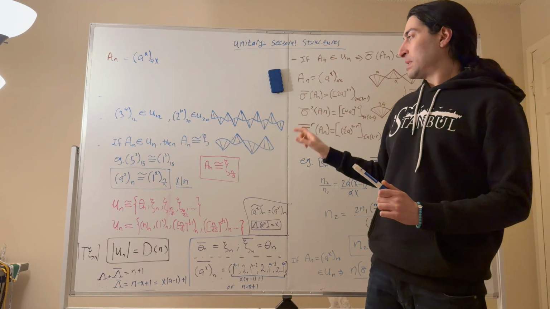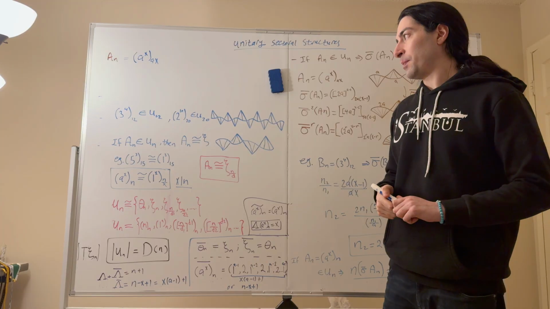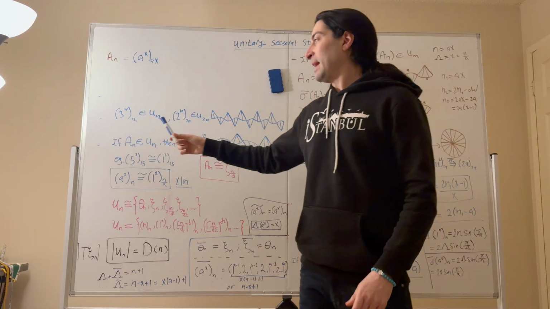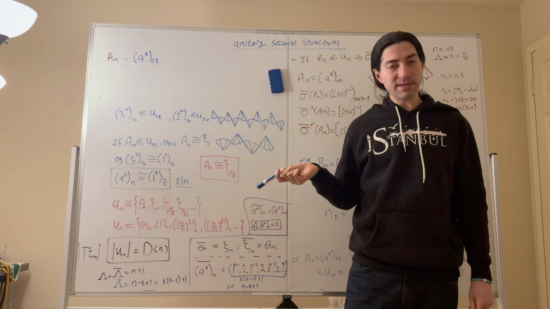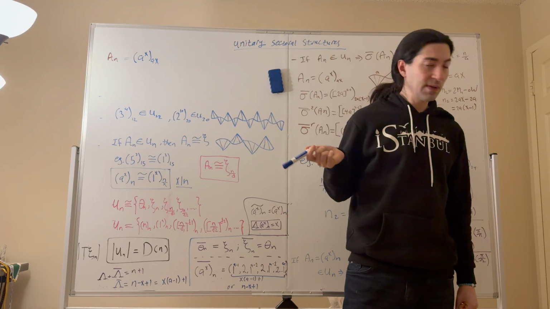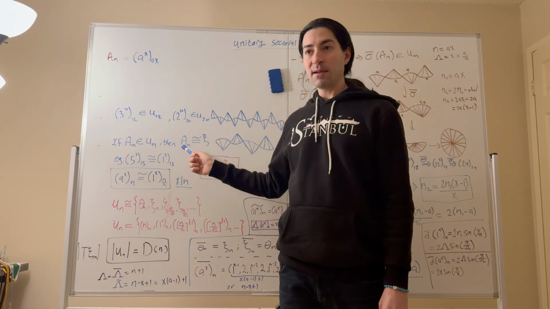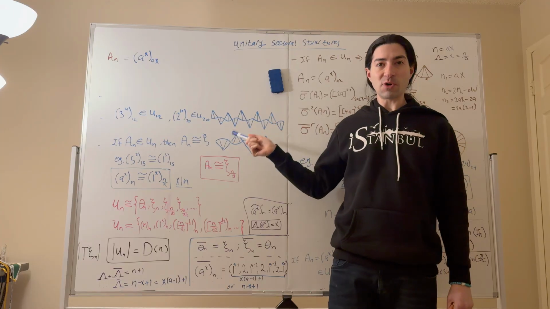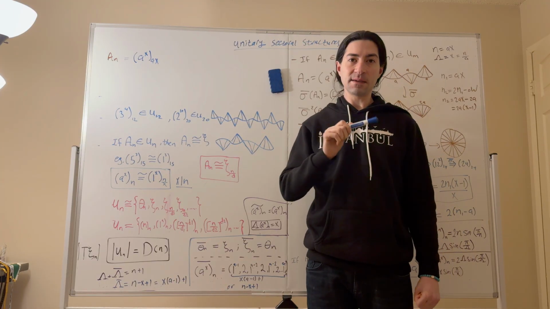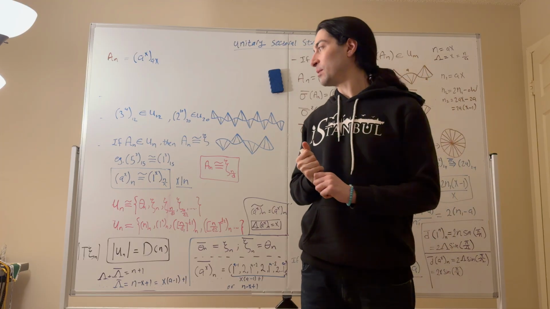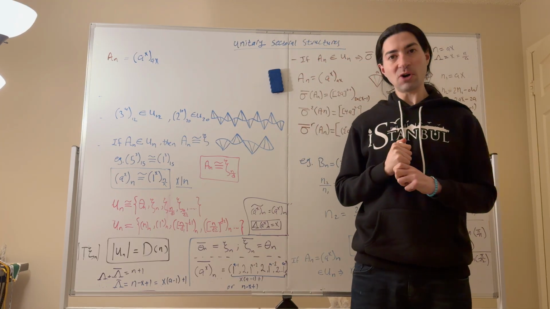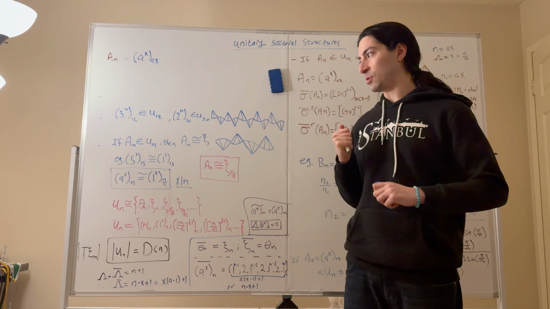We need to notice an important thing here though. If a n belongs to U n, so if a n is a unitary structure, then a n must be isomorphic to a xi structure. This is really the key definition of a unitary structure.